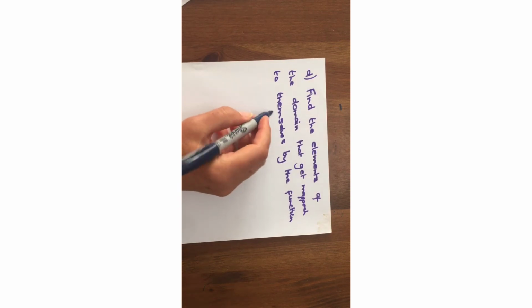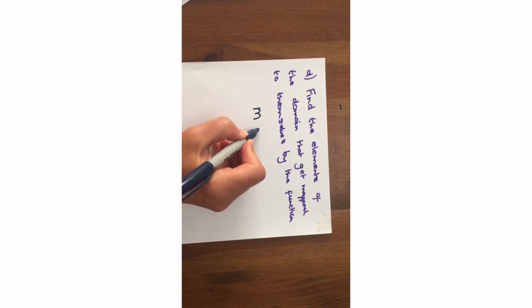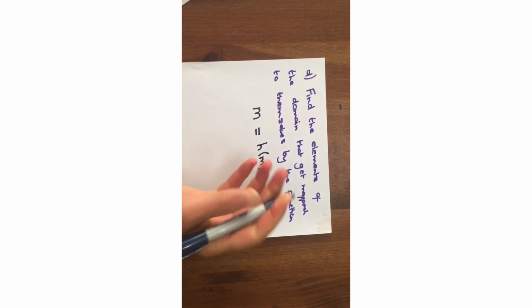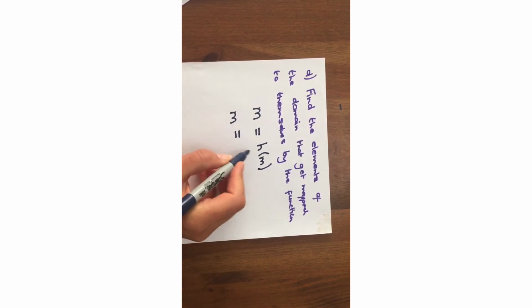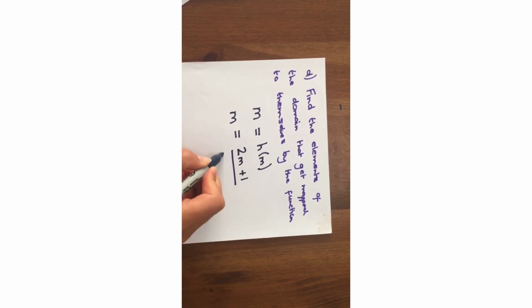Basically, that is saying anything you're putting into the function is equal to what you get when you do the function on it. Now, we know that my function is 2x plus 1 over x minus 2.